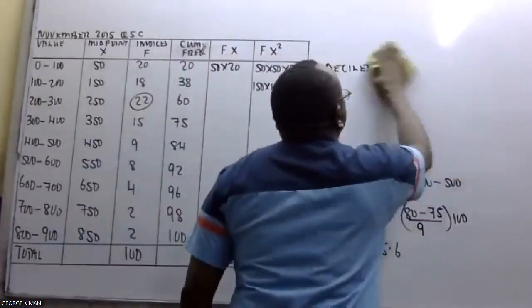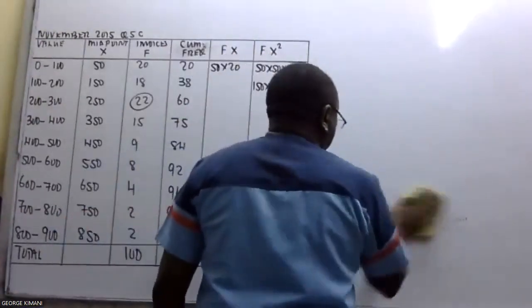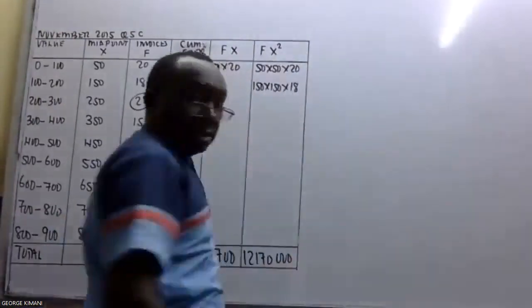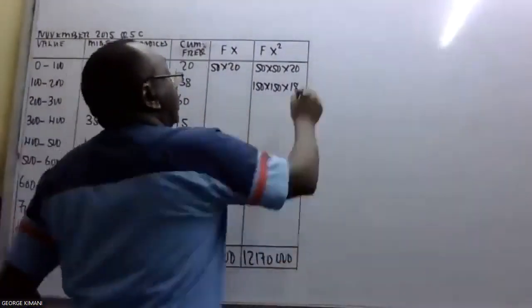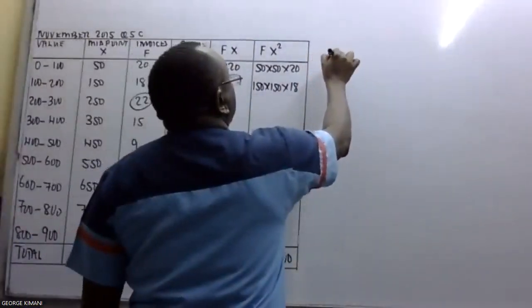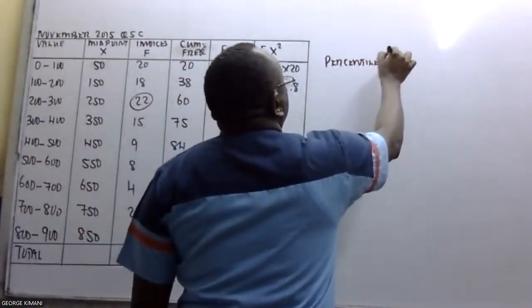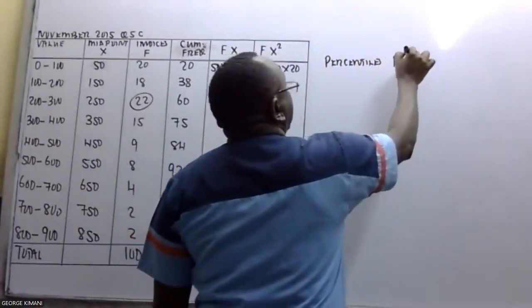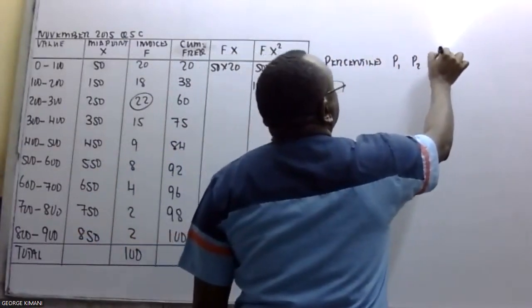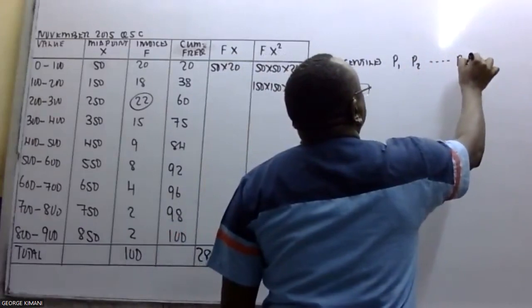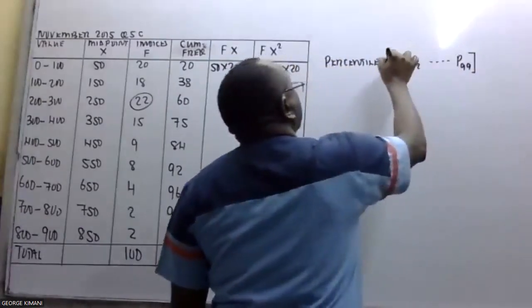So the last item I want us to remember how to compute is percentiles. Now percentiles divide data into 100 pieces or segments.